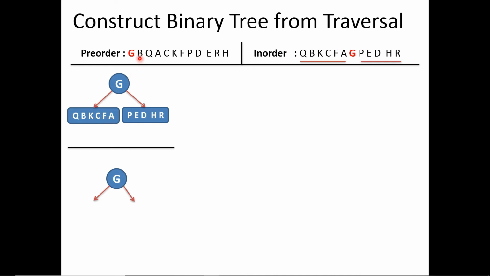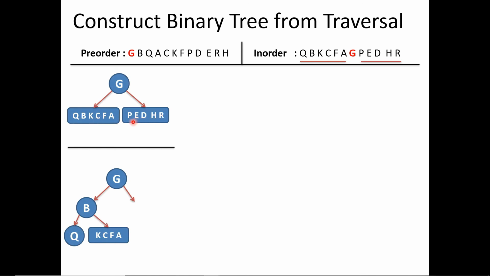So B comes first, so B becomes the parent of this subtree, and Q becomes the left part of node B and KCFA becomes the right child of node B.